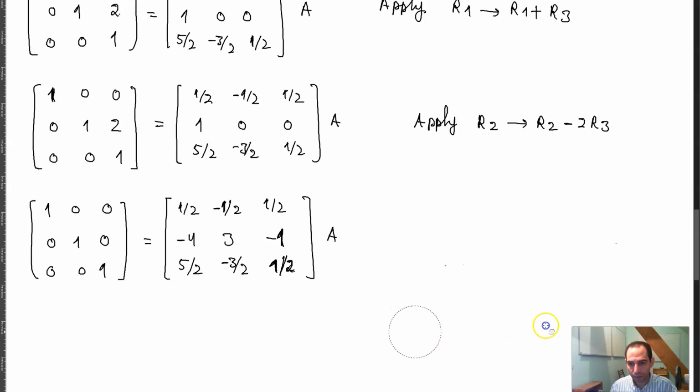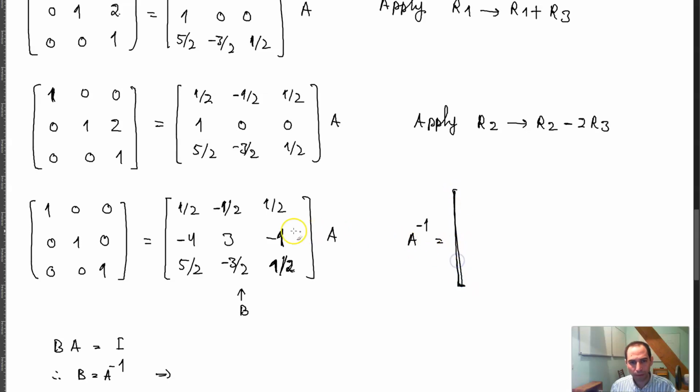So I will erase all of this. And if I call this matrix, for example, B, so you can see that B times A is equal to I. That means that B is equal to A inverse, which means that the inverse of A is equal to 1 half, negative 1 half, 1 half, negative 4, 3, negative 1, 5 halves, negative 3 halves, and 1 half.